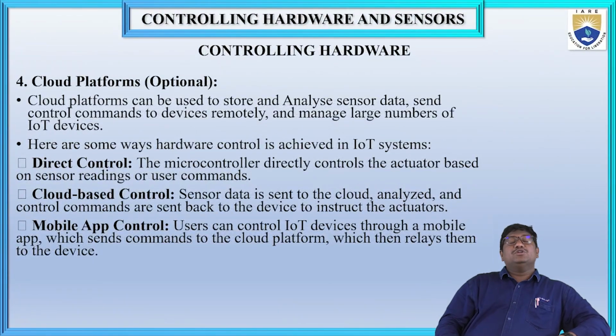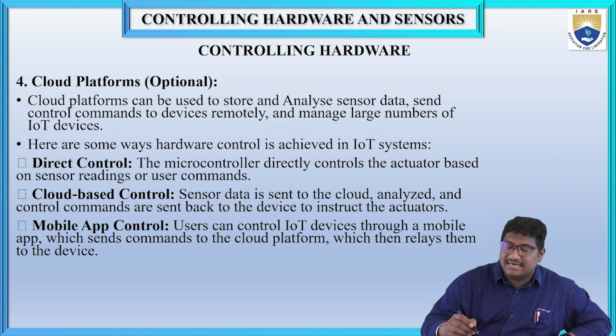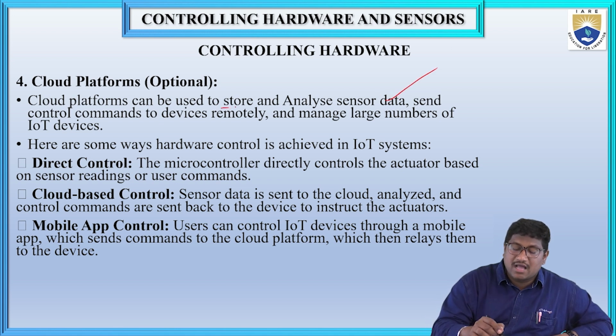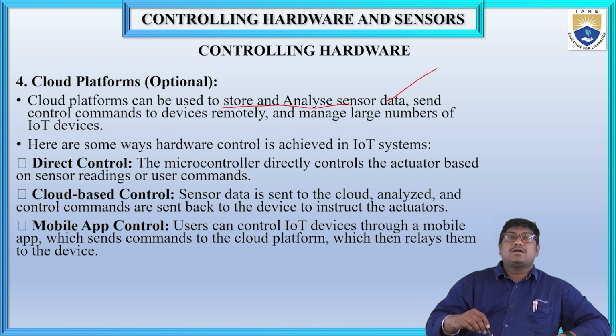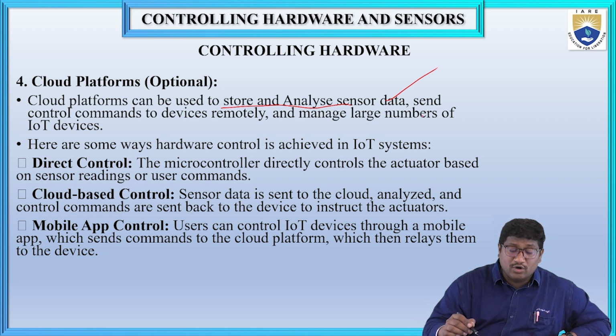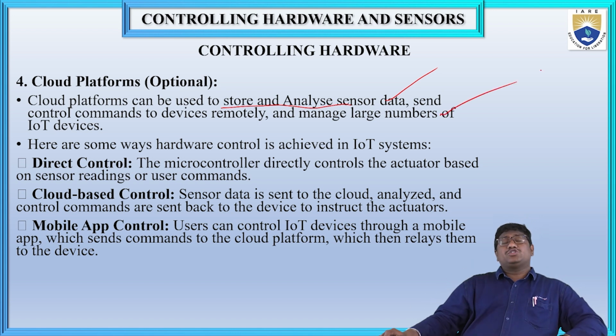Coming to the fourth one, which is cloud platform, which is optional here. I just want to tell you how cloud is playing a major role and how cloud platforms are used. These cloud platforms are used to store and analyze the sensor data. Whatever data is extracted by the sensors is stored and analyzed in the cloud. It can also send control commands to the device remotely and manage a large number of systems and IoT devices.